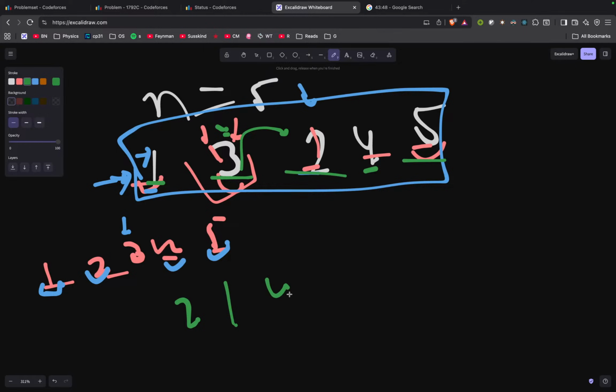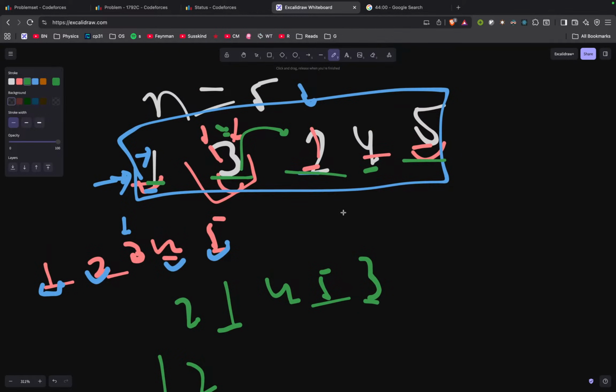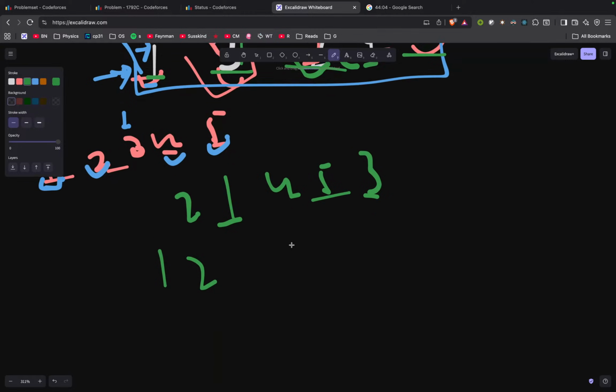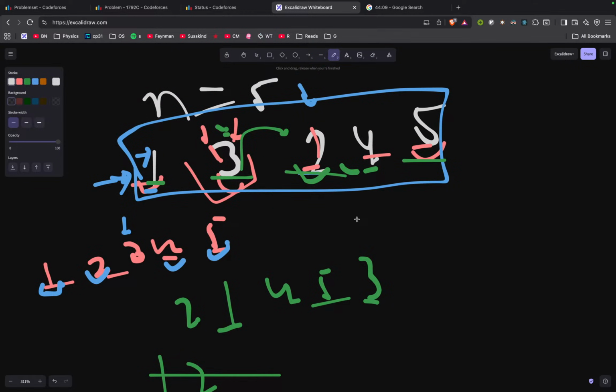Then we can use 1 and 5, and we'll get 1, 2, wait, 4 is here. So initially we can choose 2 and 4, and we will get 2, 1, 3, 5.